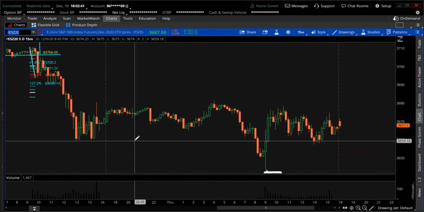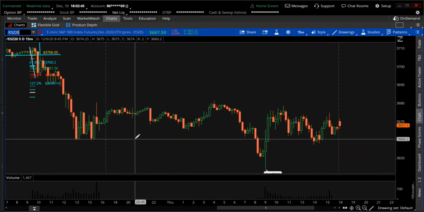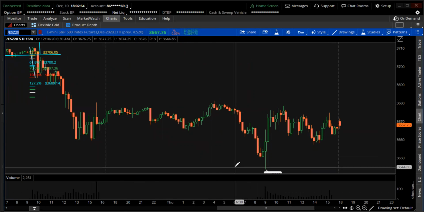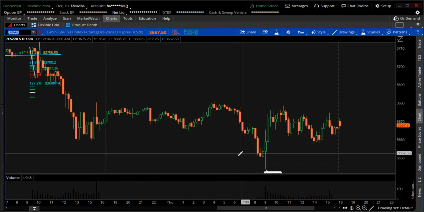Anyway, from here to here, that's an important line, 3660. We cannot fall below 3660, 3659, or else we're going to find ourselves down here again around the 40s.